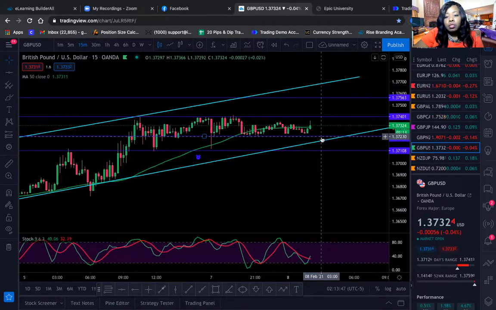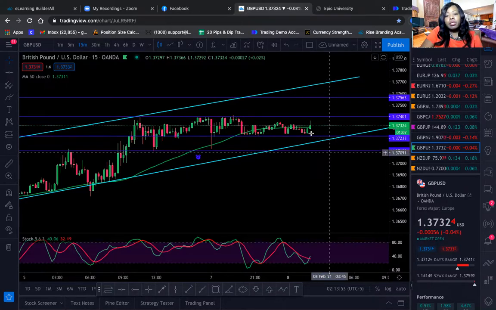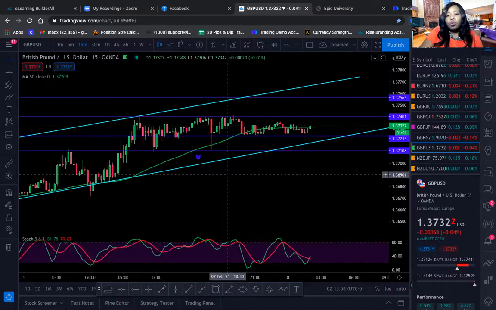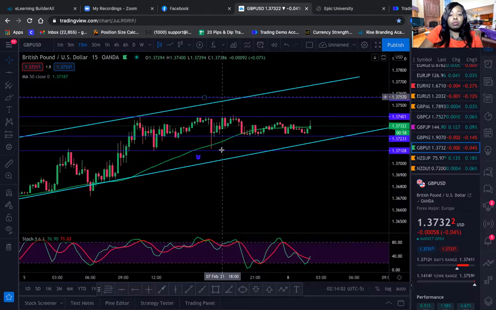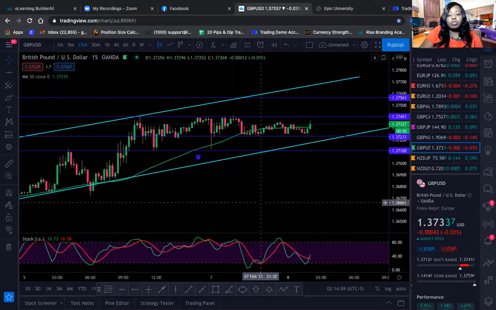And it may come down to this line, it may hit this trend line or any of these support lines. So it's just a matter of understanding your market, putting the support lines, the resistance lines, and the trend lines on the chart.